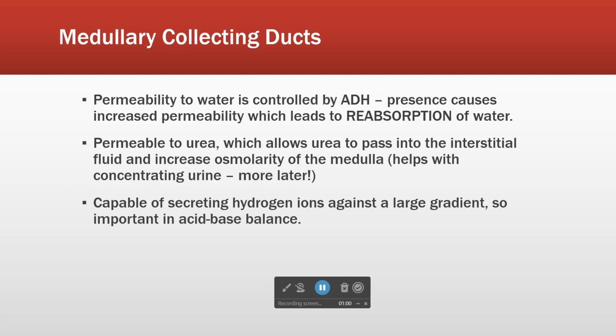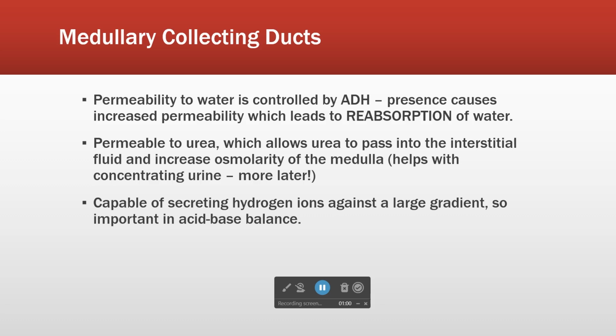Okay, this area, so permeability to water is controlled by ADH. This region is permeable to urea, and that urea further increases the osmolarity of the medulla and makes it possible to concentrate our urine even more. And then finally, the collecting ducts can create a pretty substantial hydrogen ion gradient.